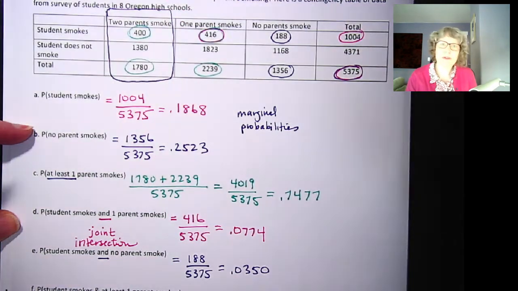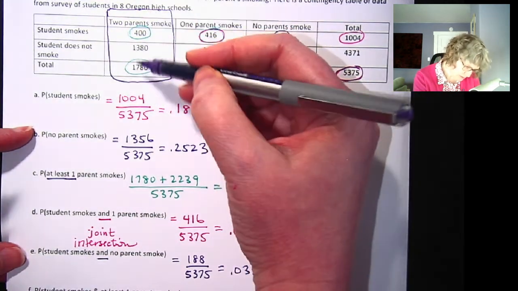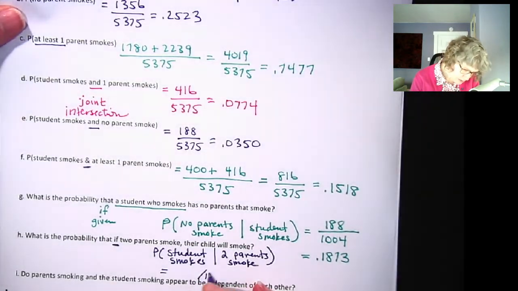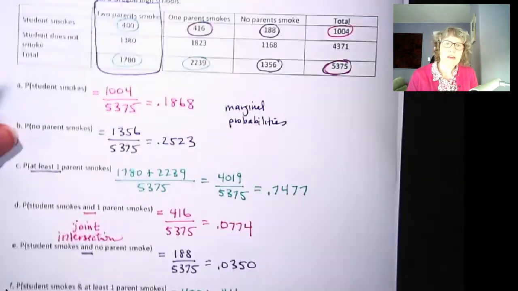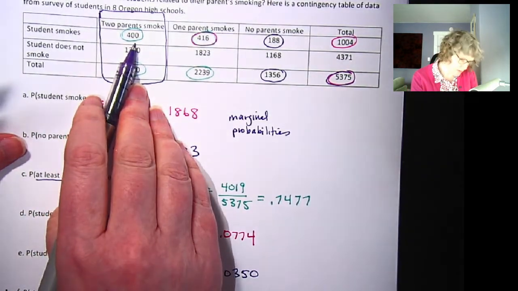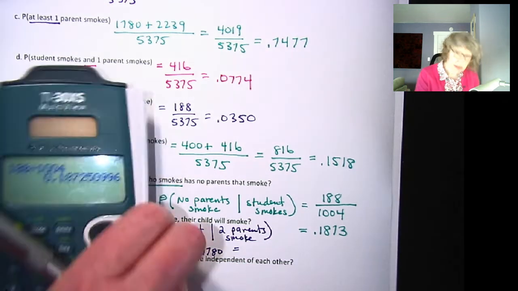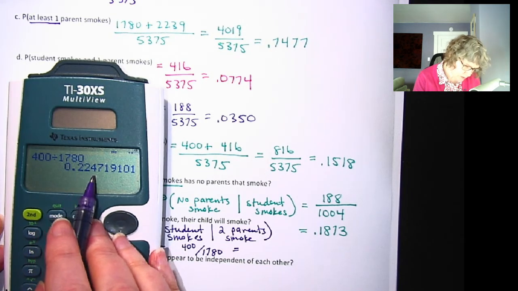In our previous video, they were all in rows. Given two parents smoke, this is going to be out of 1780. The probability that the student smokes is 400. There are 400 students that smoked if two parents smoked. So 400 out of 1780 is 0.2247.